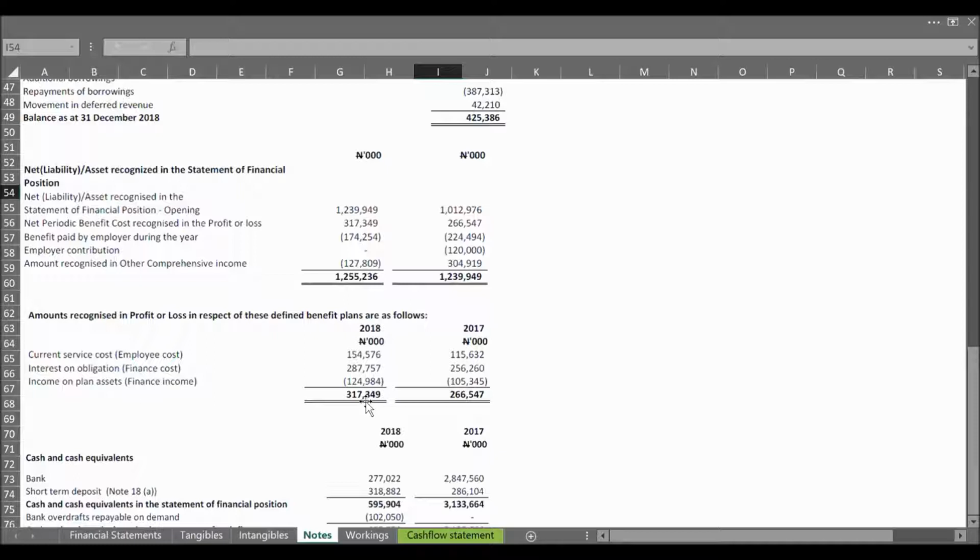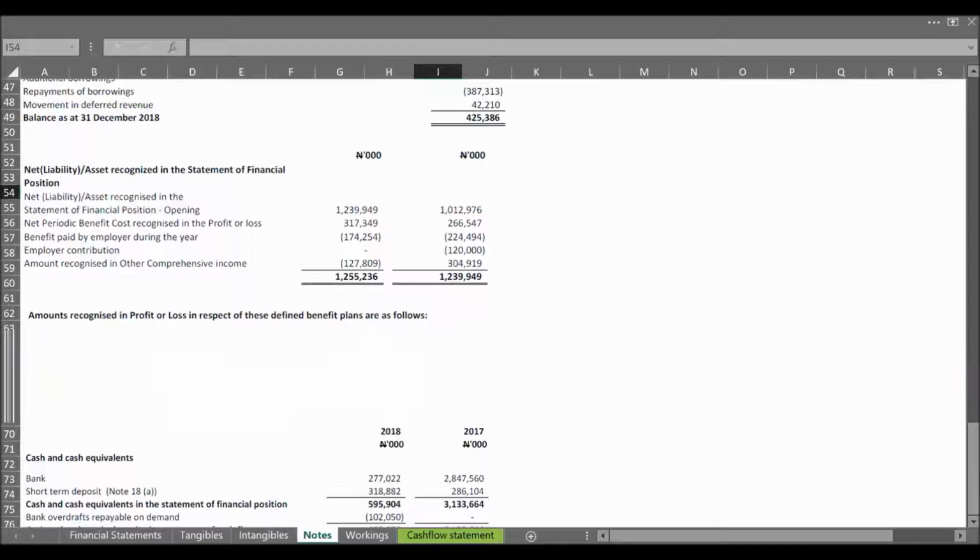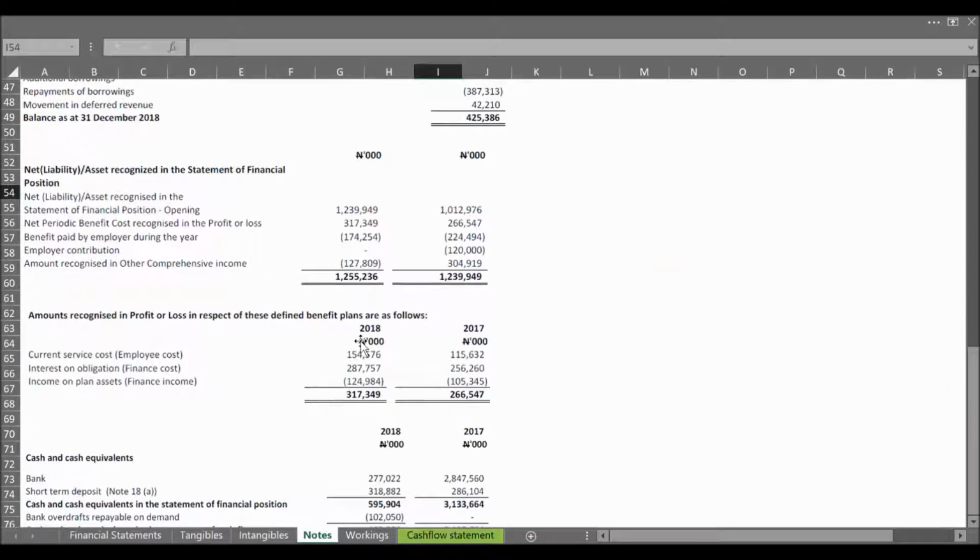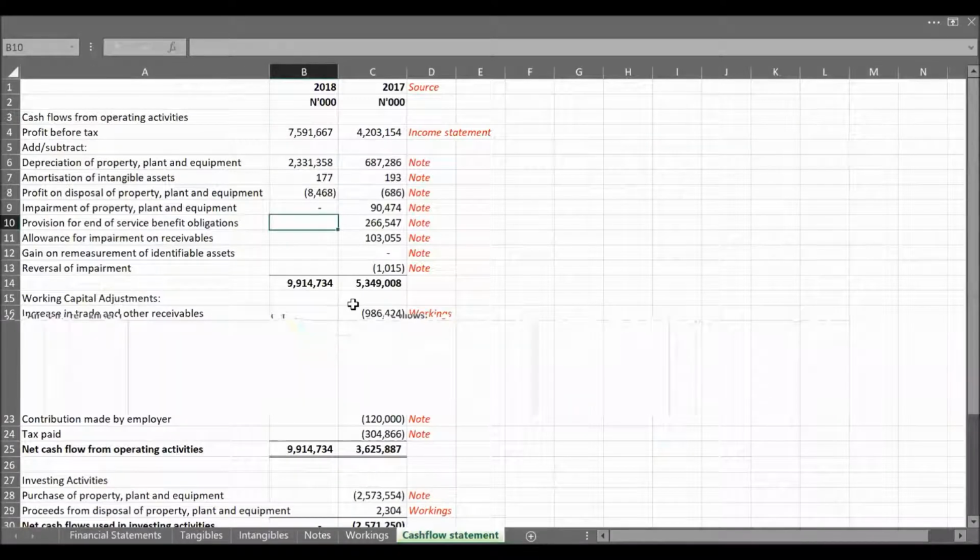This liability has generated a current service cost, which is for the services performed for the year. This is the cost attributed to it, and for the liability, this is the interest expense on it, and for the plan asset, this is the interest income. So the net amount is 37349. Okay, 37349.